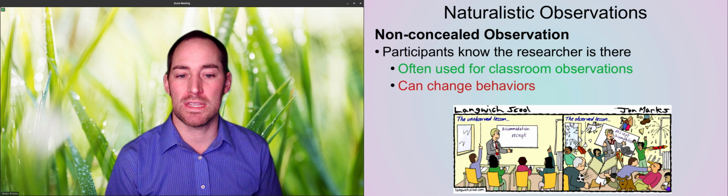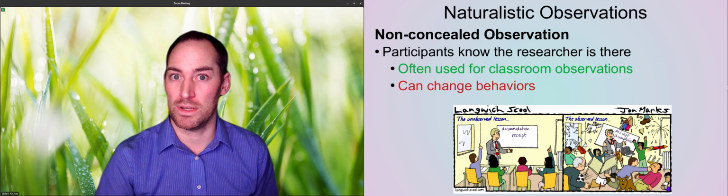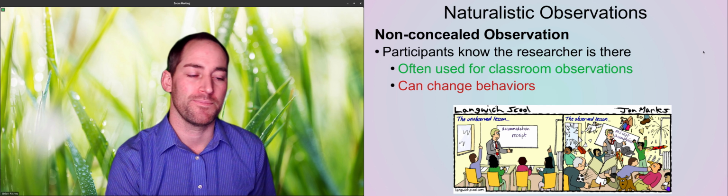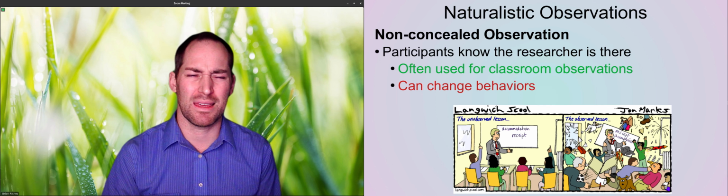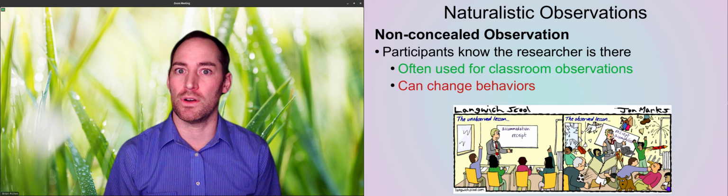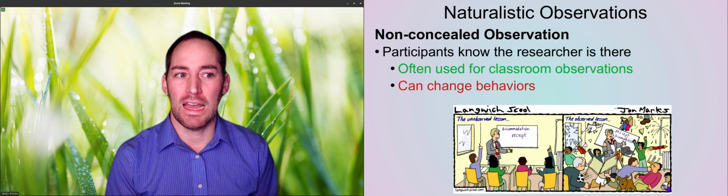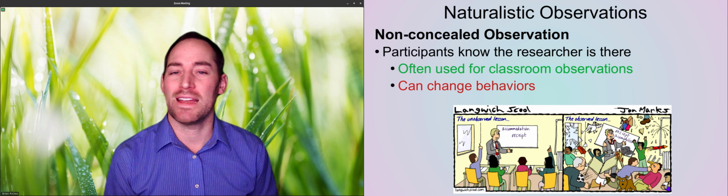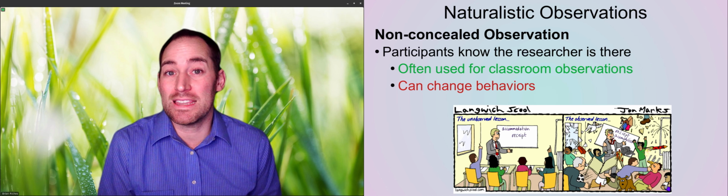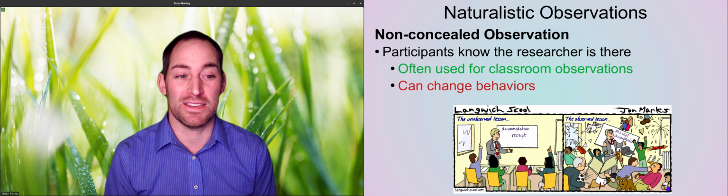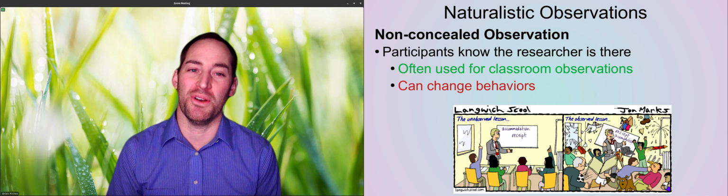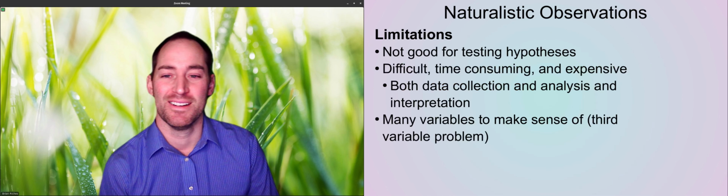If you've noticed this in the past, you might have had, say, a principal come and observe a class. Sometimes, I think it's like once a year, all the faculty get observed by another member of the faculty. And so every time that happens, I tend to just forget some part of my lesson. So my behavior changes during the observation.